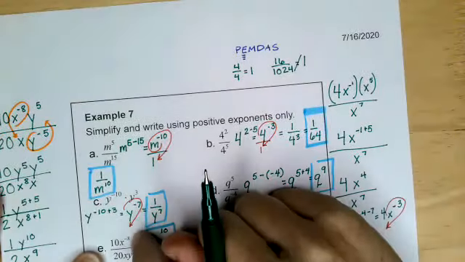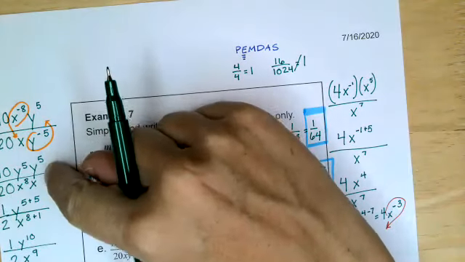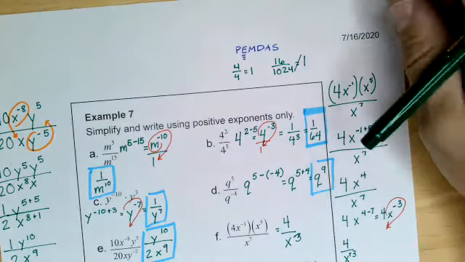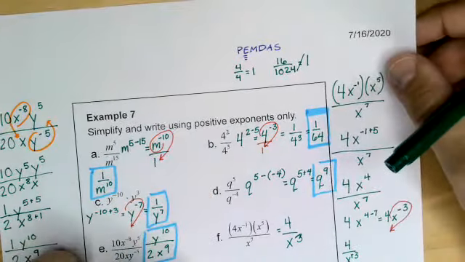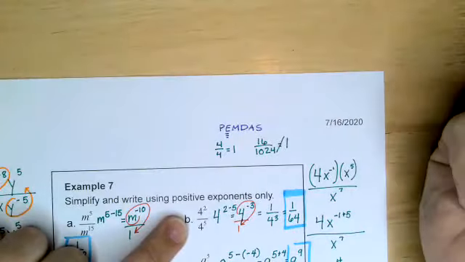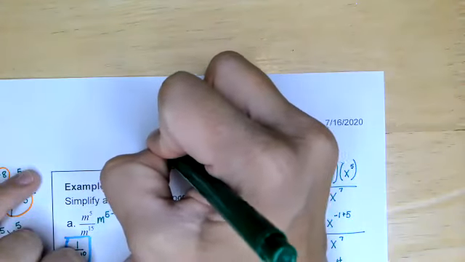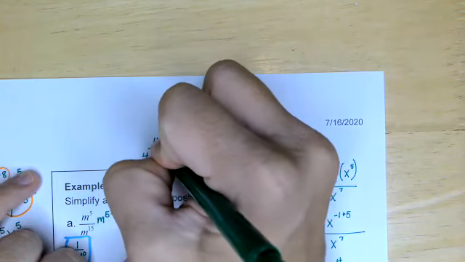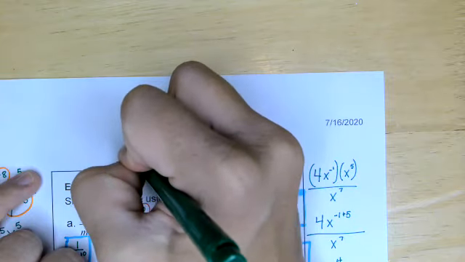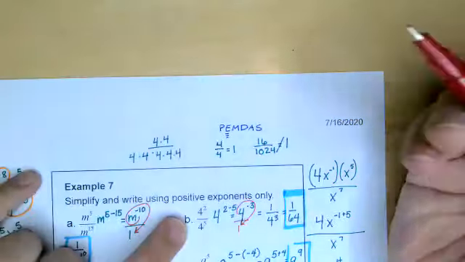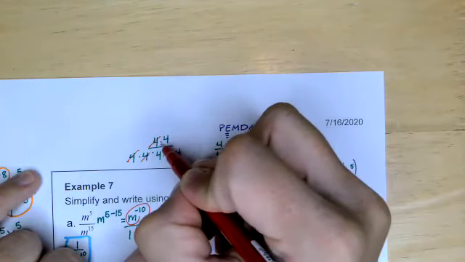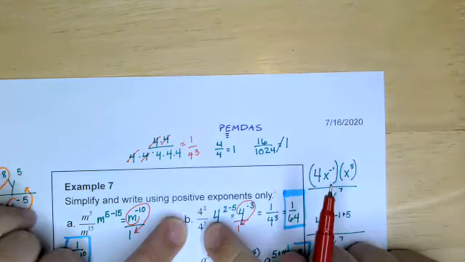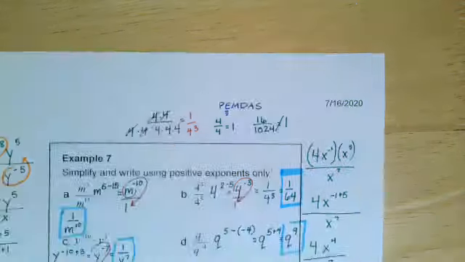Here you could go 4 times 4 times 4 times 4 times 4, and I know that that's going to be 1 over 4 to the third. So you're welcome to do that with any like terms you can find.